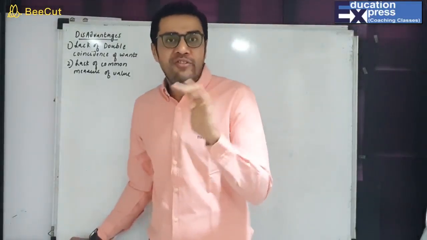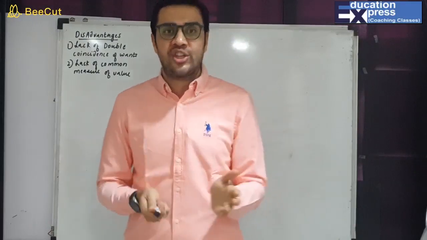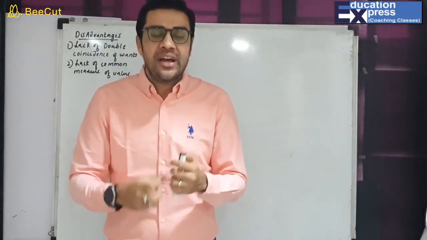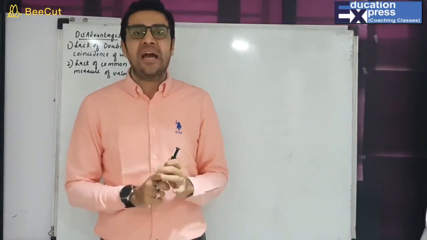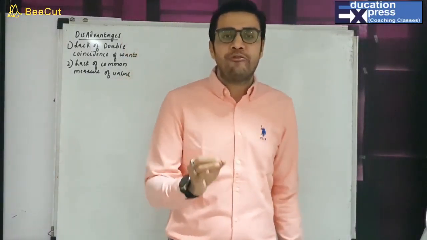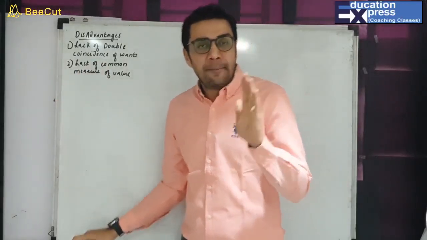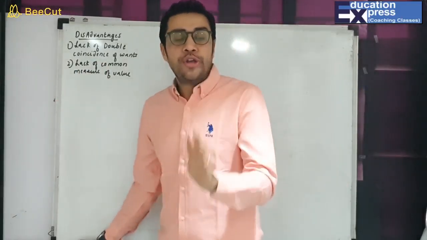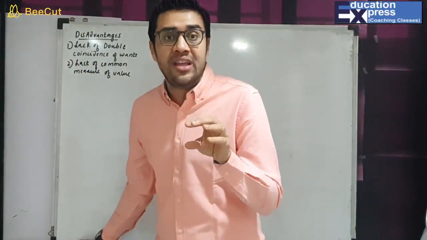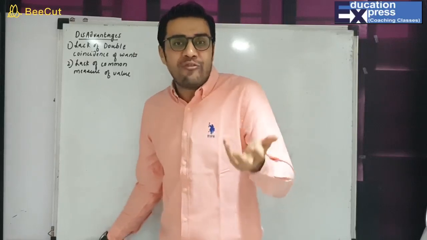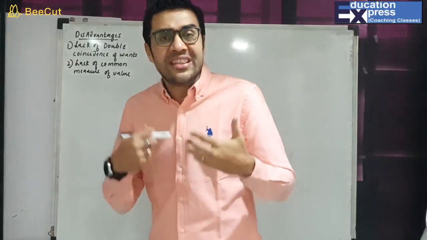Since we did not have anything as medium of exchange, your measure of value depended entirely upon the intensity of want of an individual. कौन कितना want कर रहा है, कौन कितना demand कर रहा है.